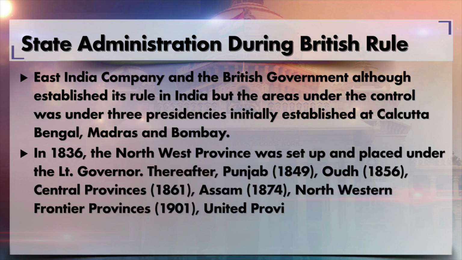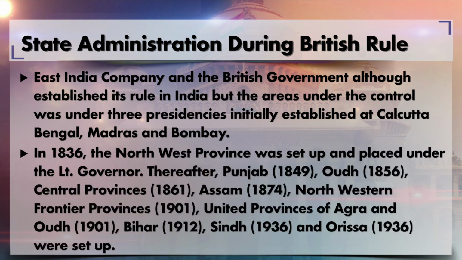In 1836, the Northwest Province was set up and placed under the Lieutenant Governor.